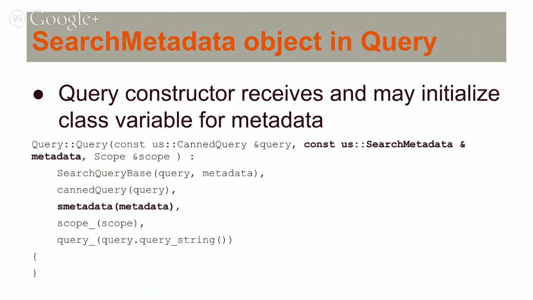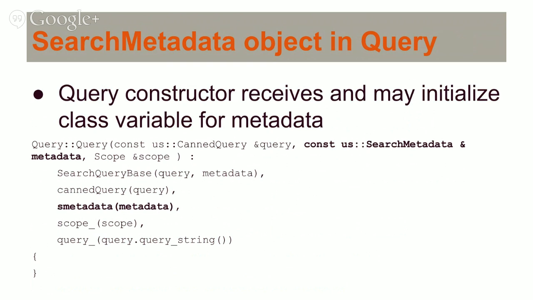Now if we look at it in the query itself, we're switching over to the query class. This is the query constructor, and we can see that it's receiving the search metadata by reference, so it's the actual search metadata object.